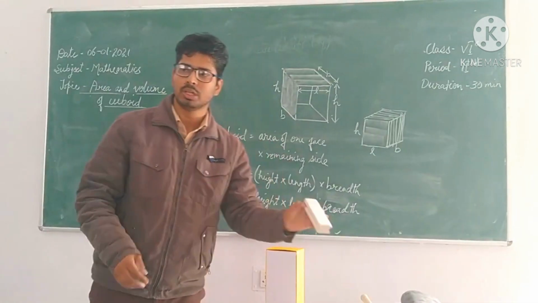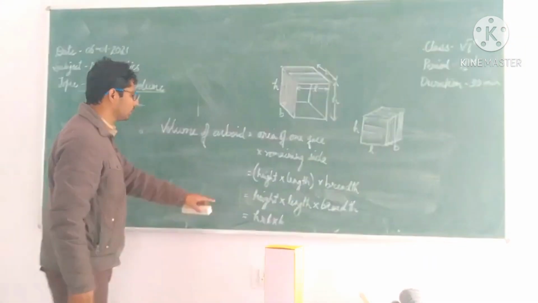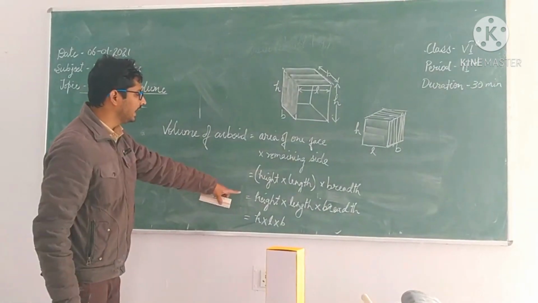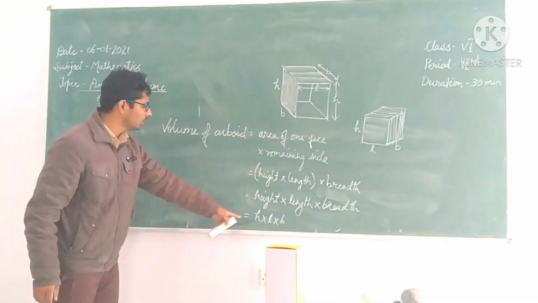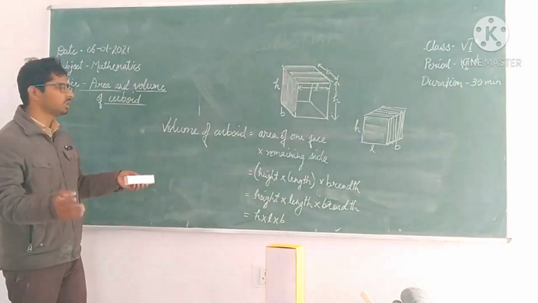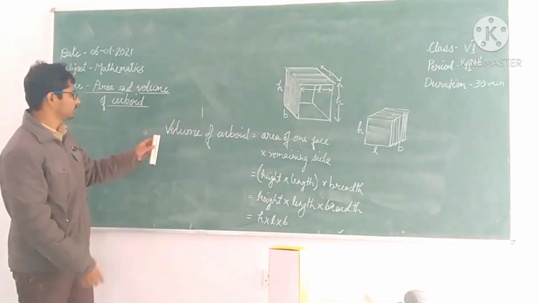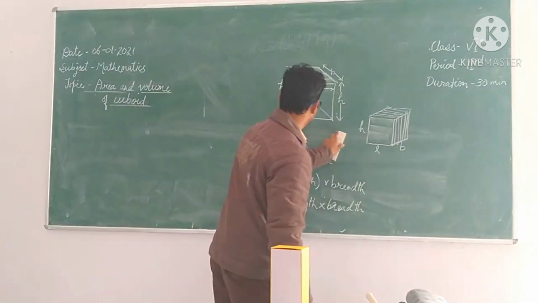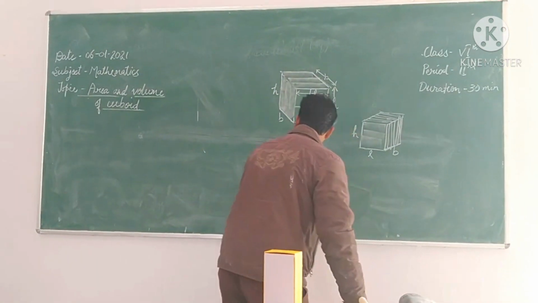If you want to note down the formula, you can note down height into length into breadth, or simply in simple words h into L into B. So you can note down if you want to. Any questions?